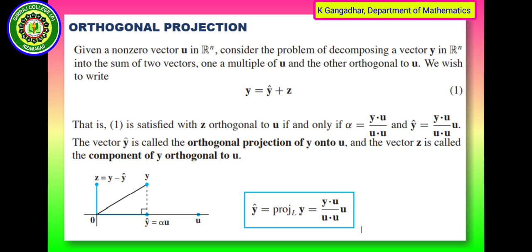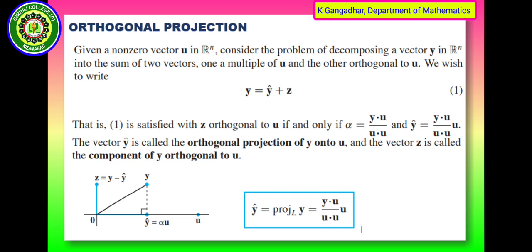So we write y equal to y hat plus z, where y hat is the orthogonal projection of y onto u, and the vector z is called the component of y orthogonal to u.